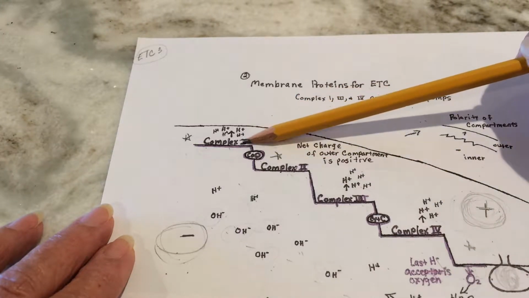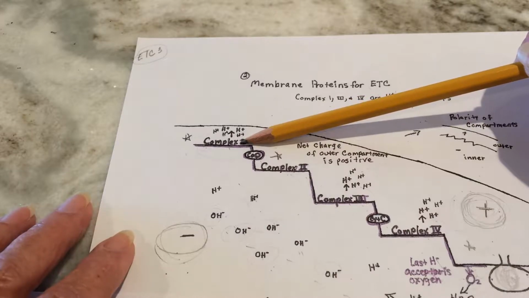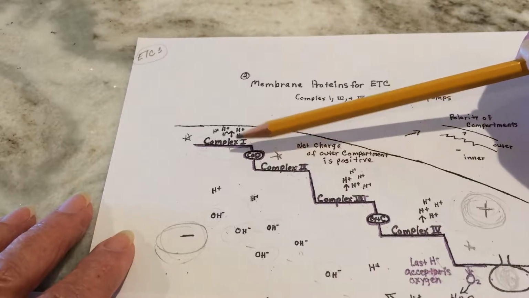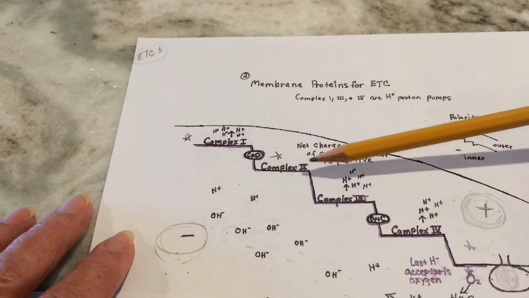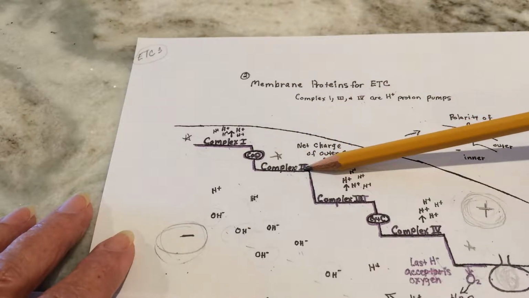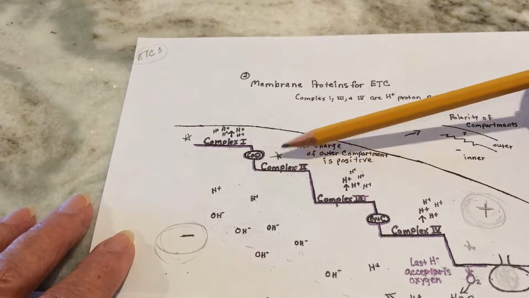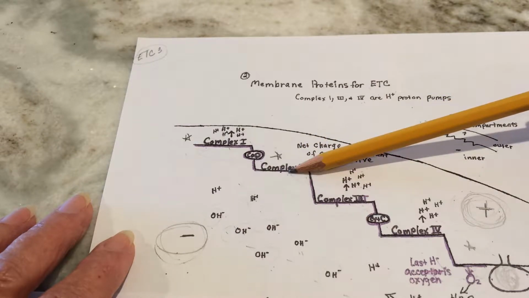Now, complex 1, you'll remember, is where the high energy buses unload their hydrogen electrons. Complex 2 is where the low energy buses unload their hydrogen electrons. So put a star by those two. You have to know the names of those two compounds and what occurs there for the test.